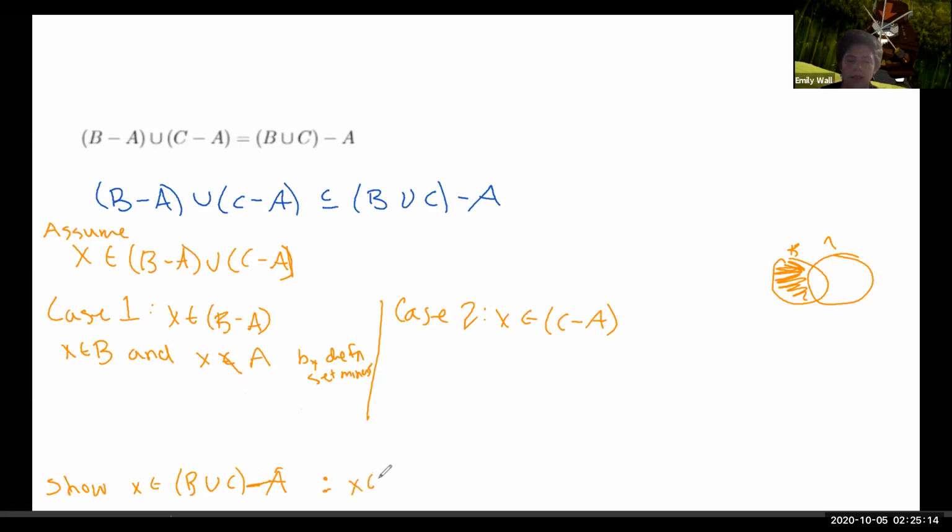This means x needs to be an element of B union C and x is not in A. Definition of set minus, doing the same thing. And wait, we already have x is not an element of A. Clutch. We can ignore that part, we already have it. So we just need to get to x being an element of B union C. Well, x is an element of B. How can we make this jump?